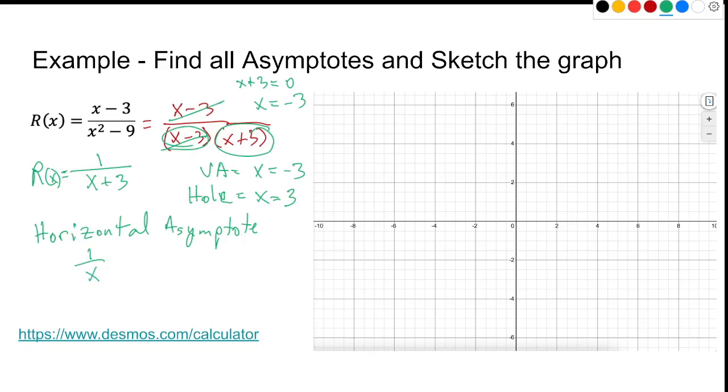The denominator is larger than the numerator, so this is going to have a horizontal asymptote, y equals 0. That's going to be the x-axis. Okay, so let's do those in red and sort of make them dashed lines. So we're going to get a horizontal asymptote here on the x-axis. We are going to get a vertical asymptote at x equals negative 3.